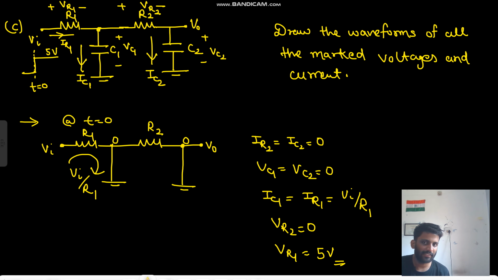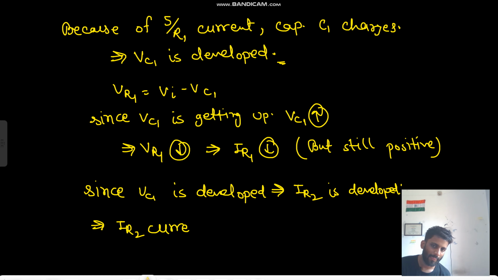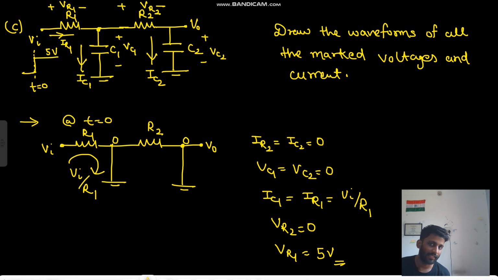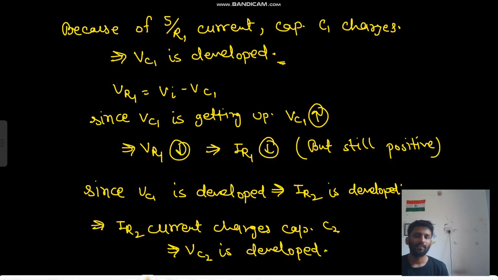So IR2 is developed, and now this IR2 current charges capacitor C2. Because of that, VC2 is developed. So initially VC1 is developed, because of that IR2 is developed, and because of that VC2 is developed.